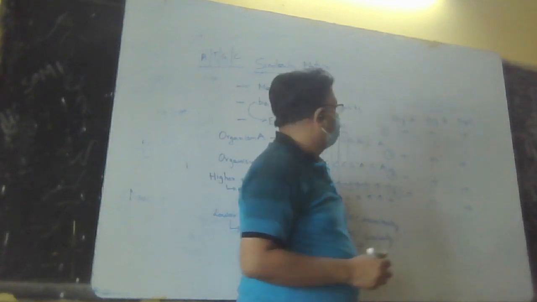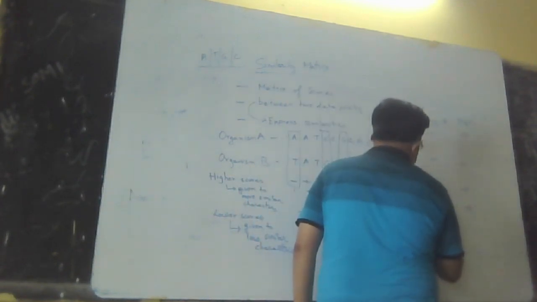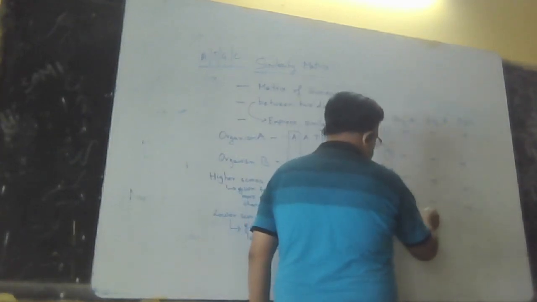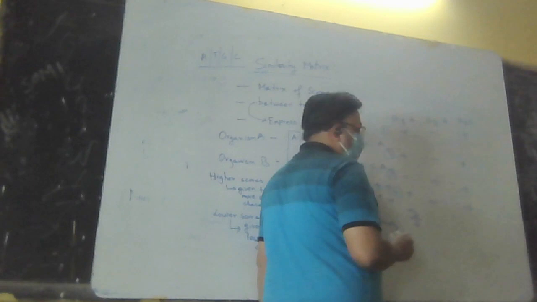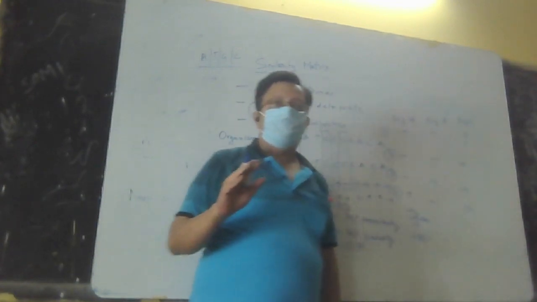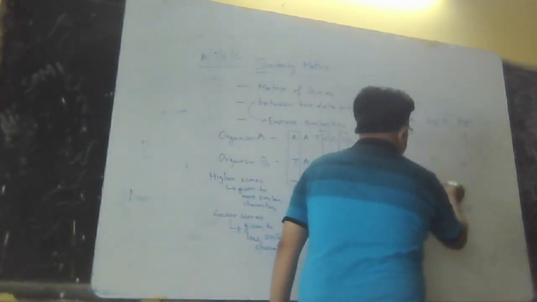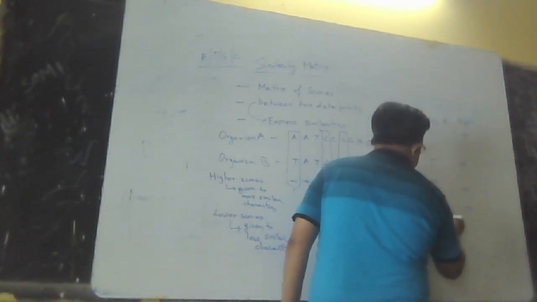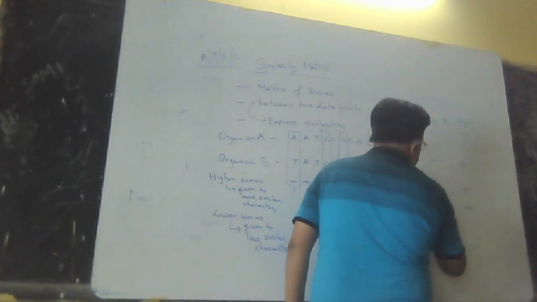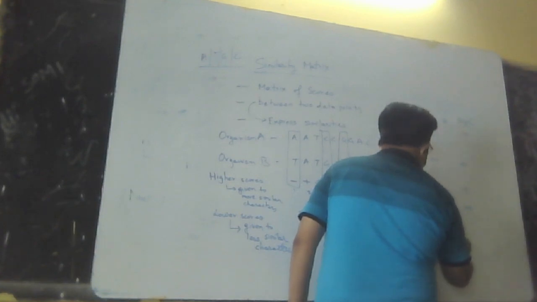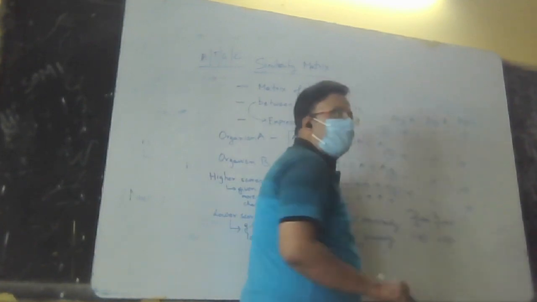So you can give it a score which is similar. How many characters are there in total? There are 4 characters. How many are plus? 3 by 4. So 3 by 4 into 100, you can say that 75% of the characters are present. Here, out of 4, you have 1. 1 by 4 into 100, you get 25% of the characters present.